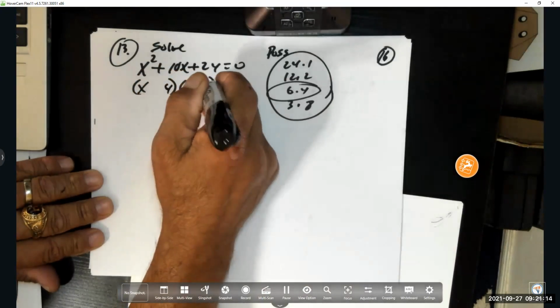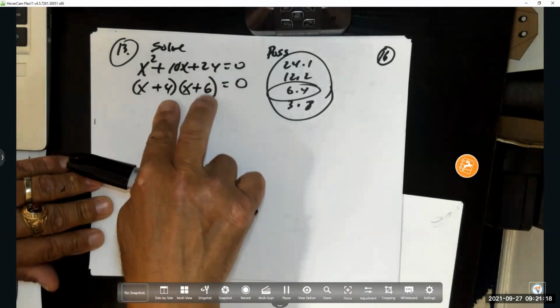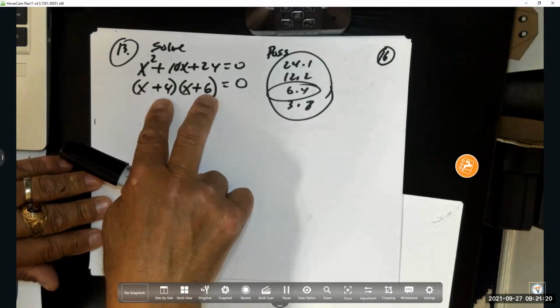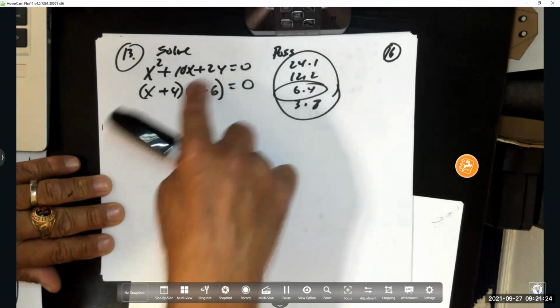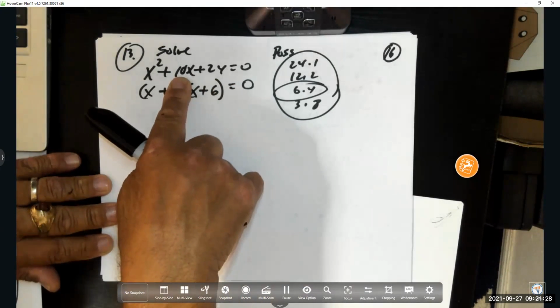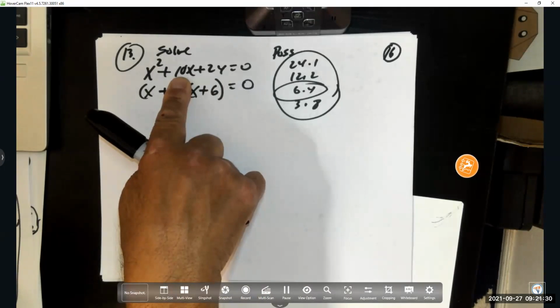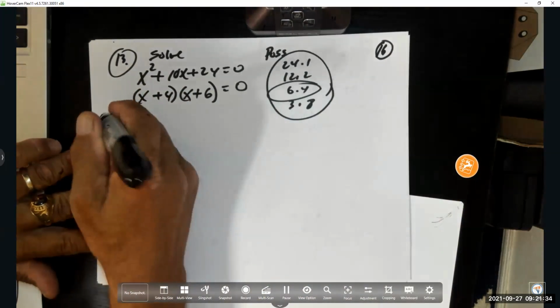All right. So now the other question I'm going to ask you is, if you multiply 6 times 4, does that give you 24? Yes. And if you go 6 plus 4 added together, does that give you 10? That is correct. Yeah. So that means that this is set up right the way we want it to be.